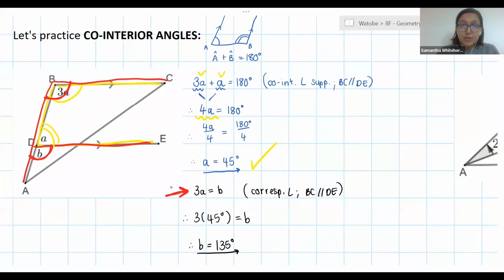You don't have to use corresponding angles. You can use angles on a straight line, but we're just going to try practice what we are learning tonight. So both reasons are absolutely fine. They're equal to each other. And once I substituted that A value that I found, I got that B was equal to 135 degrees. Okay, I hope that makes a bit more sense.